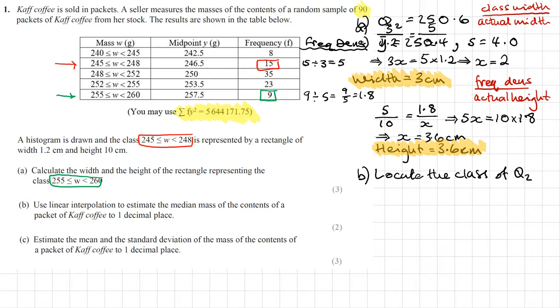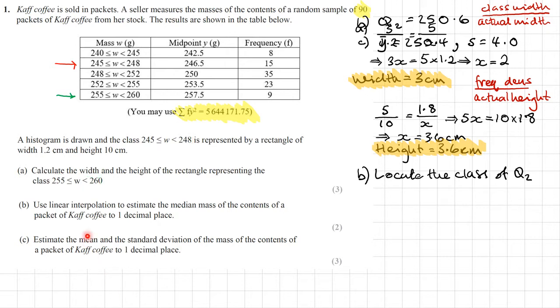To do that, we're going to need cumulative frequency and also do a calculation to work out roughly the position of the median. Now, if you've got a sample of 90, I can either do half n plus 1 or half n. I'm going to use half n plus 1.